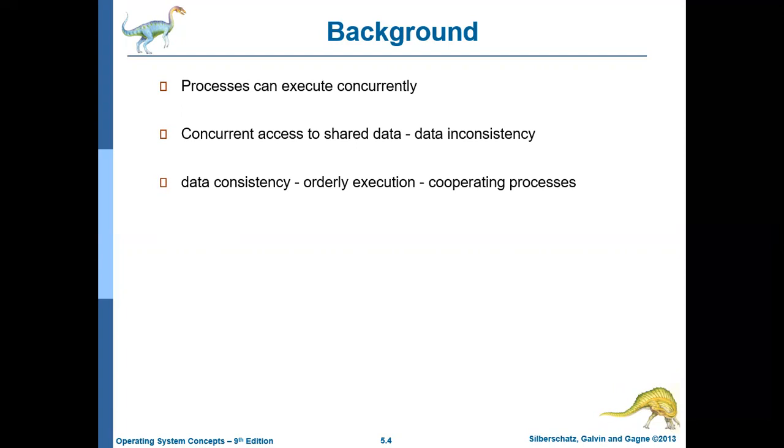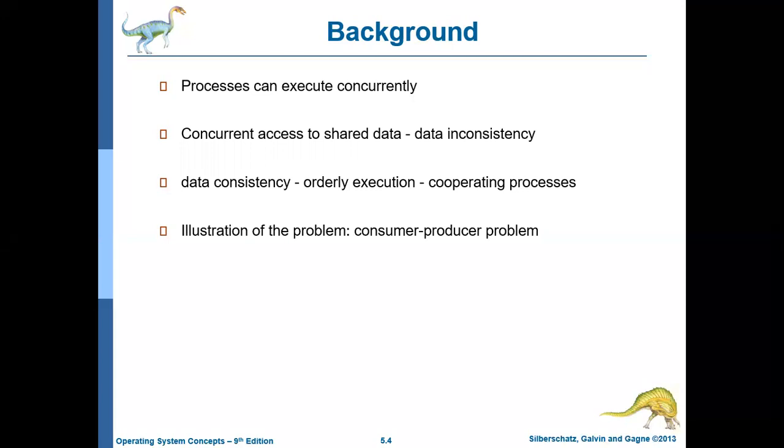To avoid data inconsistency or to ensure data consistency, the operating system should ensure the orderly execution of these processes. That is, either process 1 should execute first and then process 2, or process 2 should execute first and then process 1. If these two processes are executing in an orderly way, then they are said to be synchronized.